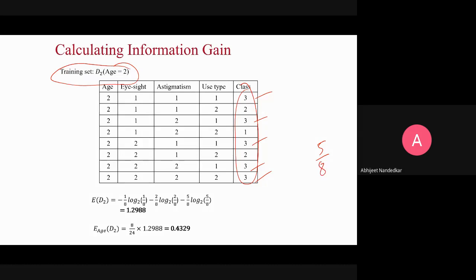So 5 by 8 is for class 3. For class 2, the probability is 1 here and 1 here, so 2 by 8, and the remaining probability again 1 by 8. Okay.